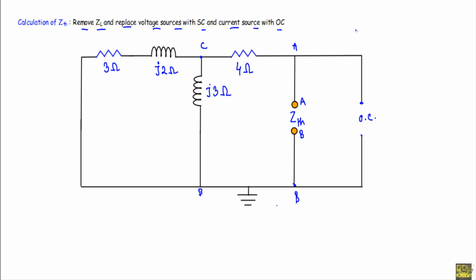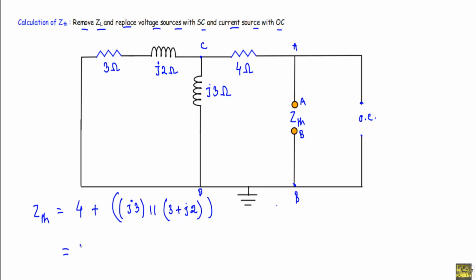So in this circuit the Thevenin impedance ZTH will be equal to, initially this j3 and this 3 plus j2 impedance will be in parallel. Their equivalent impedance will be in series with this 4 ohm. So here I will get 4 plus the equivalent parallel impedance of these two.